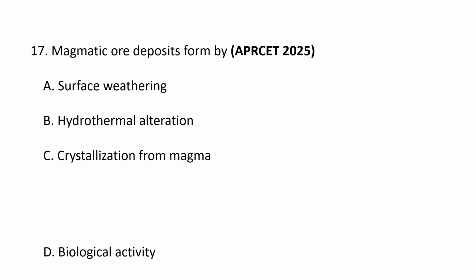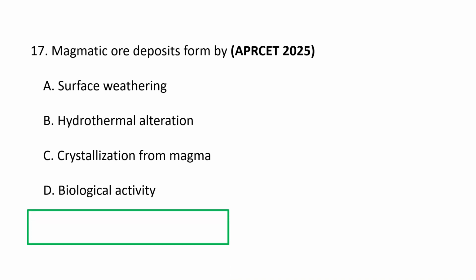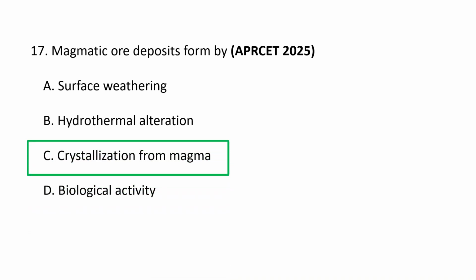Next question. Magmatic ore deposits formed by A. Surface weathering, B. Hydrothermal alteration, C. Crystallization from magma, and D. Biological activity. Magmatic ore deposits formed by crystallization from magma. They form through magmatic differentiation, where minerals crystallize from a cooling magma, leading to the separation and concentration of valuable ore minerals.